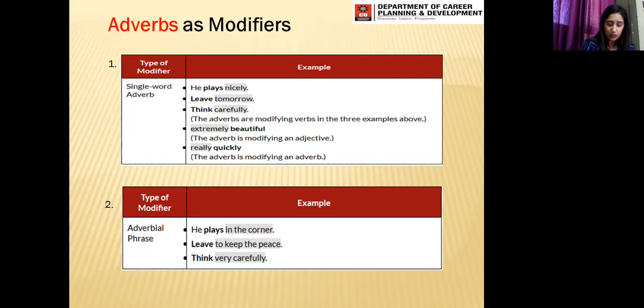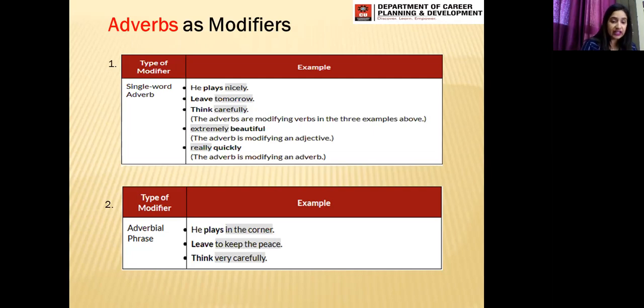In the single word, the sentence is, he plays nicely. Nicely describes the verb playing, so it is an adverb modifier. Again, extremely beautiful: beautiful is an adjective, and the word extremely is modifying the adjective, so it is taken as an adverb modifier.